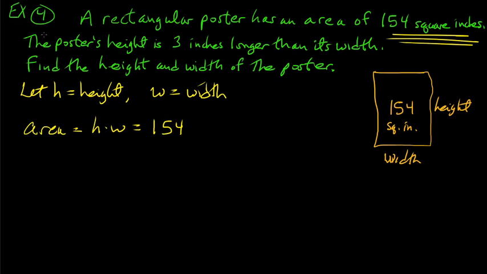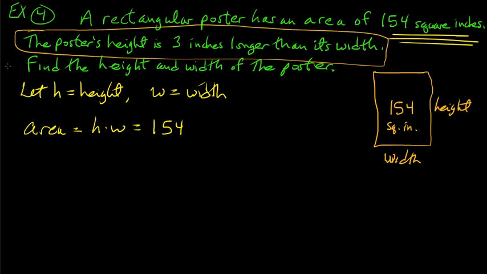But only one of them has this condition: the poster's height is 3 inches longer than its width. So the height is not the same as the width, it's 3 inches longer. Not 3 times as long, 3 inches longer. So if the width is 10 inches, then the height would be 3 inches longer, 13 inches.